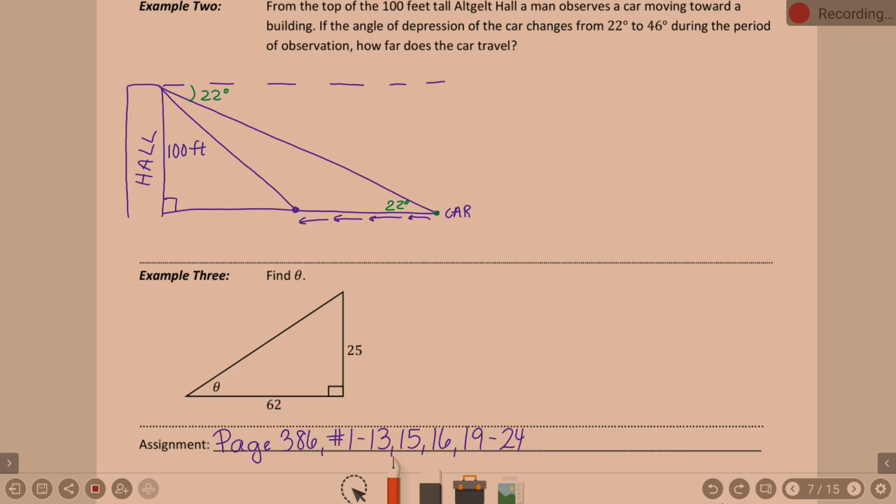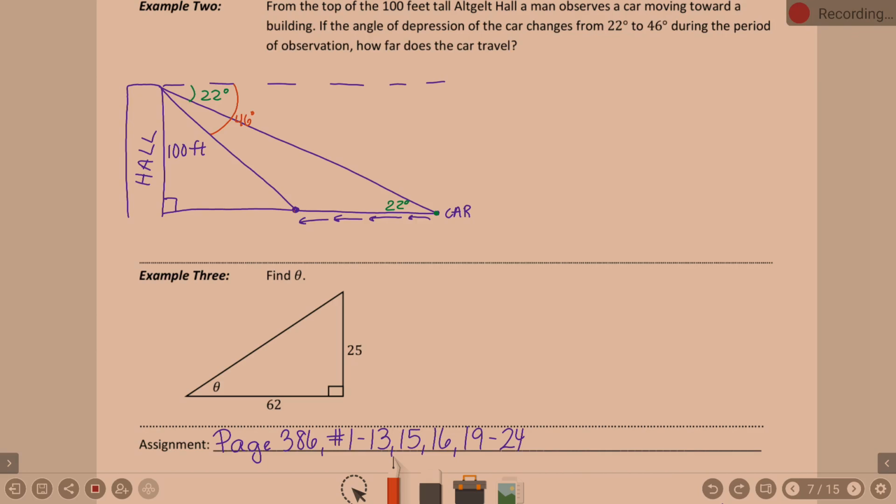So now what's happening? Now, angle of depression down to this next line is 46 degrees. Okay? If that's 46 degrees, where am I going with this?